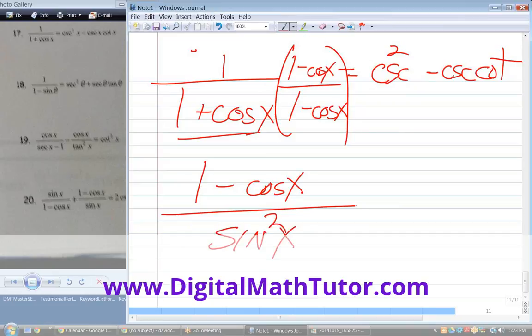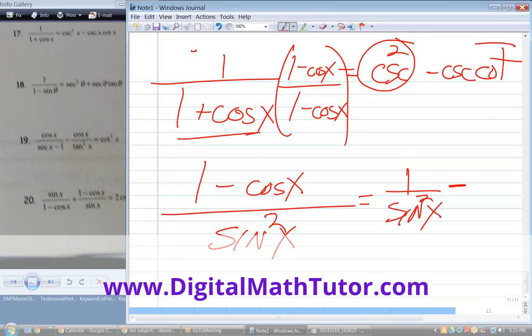All right, so that's where we start. And over here, well, I can see, what is that equal to? That's 1 over sine squared, right? Well, since we got a sine squared in the denominator, that is going to be 1 over sine squared. We're getting closer.